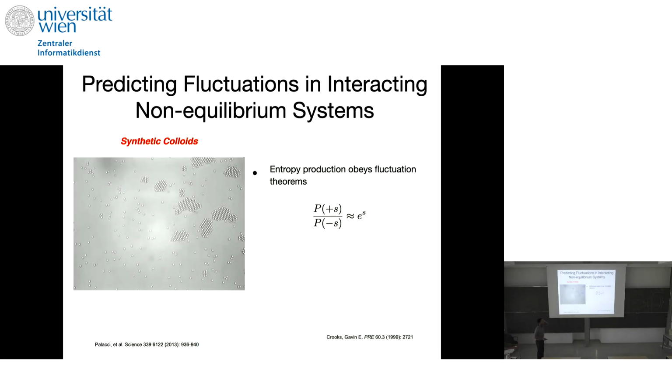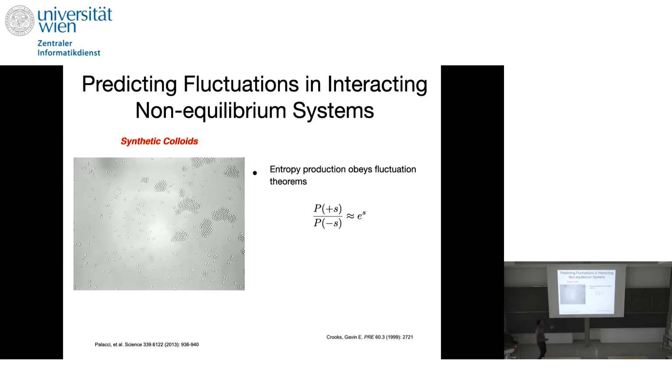One of the main ones about entropy production specifically was the Crooks fluctuation theorem back in 1999, which tells you that the probability of observing some plus s value of entropy production divided by the probability of observing the negative of the same s is equal to e to the s. It's a relationship that tells you about the fluctuations of entropy production.